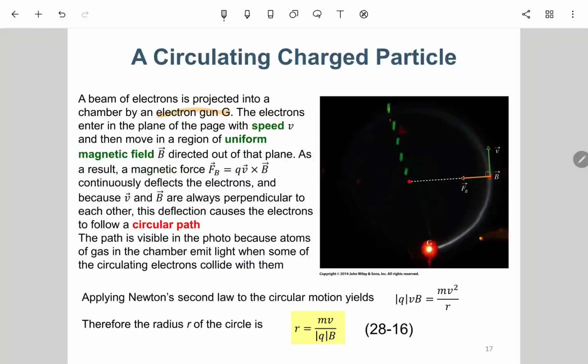This is the electron gun G. The electrons enter the plane of the page with speed v, which means the v is like this, and then move in a region of uniform B field directed out of the page. So the B field is pointing out of the page.